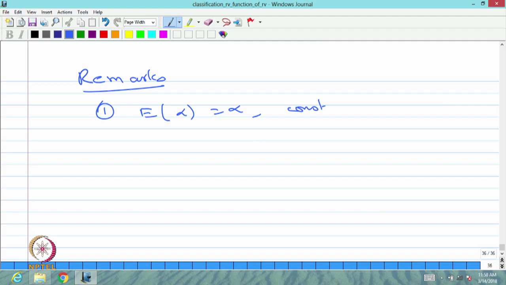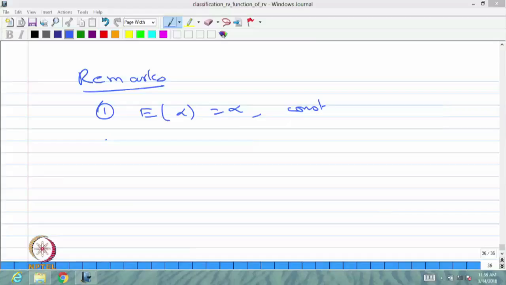This result can be proved easily. You can treat a constant as a random variable whose probability is 1, taking only that value. Therefore the expectation of a constant is nothing but the constant times the probability that x takes the value constant, that is 1. So 1 into alpha, therefore it is alpha. It can be proved easily.